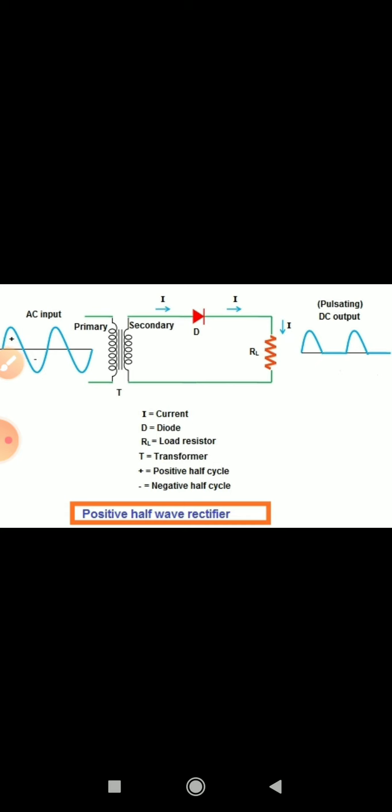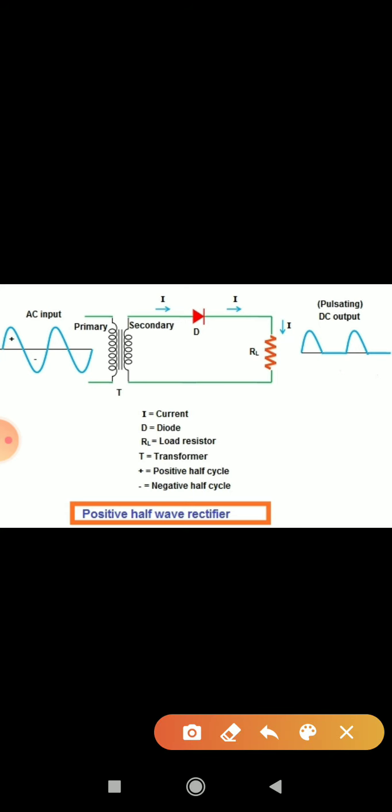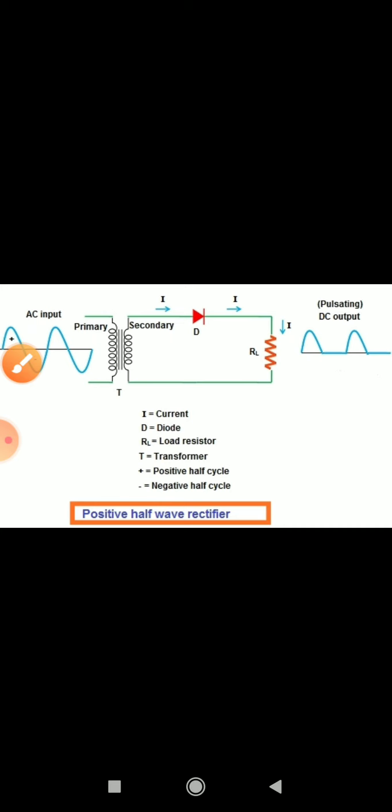When the diode is reverse biased, no current passes through it. So the diode does not conduct, and no voltage is taken at the load resistor. No current is passing through the circuit. Now you can see at the output terminal there is no output. It is flat. So during the next half cycle, again the diode conducts, and again we get output.